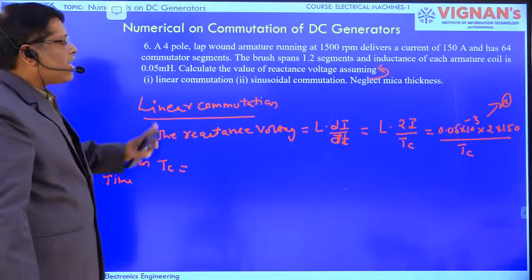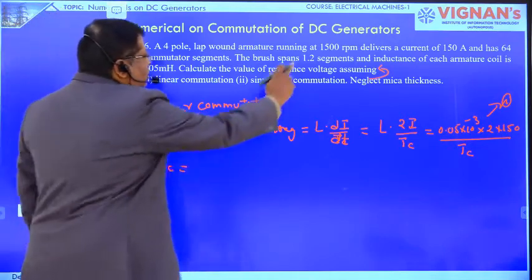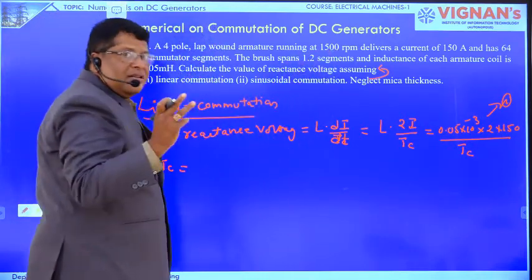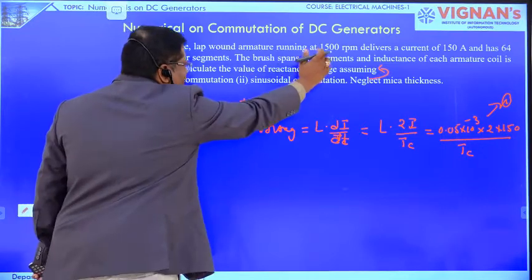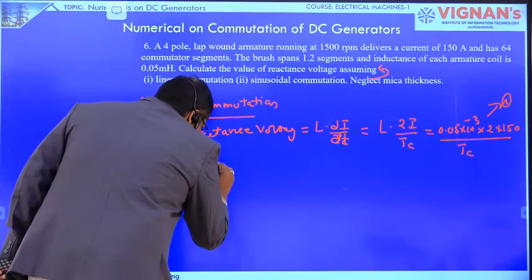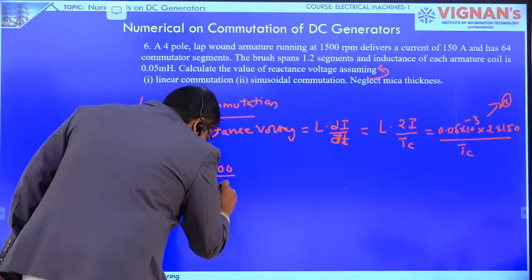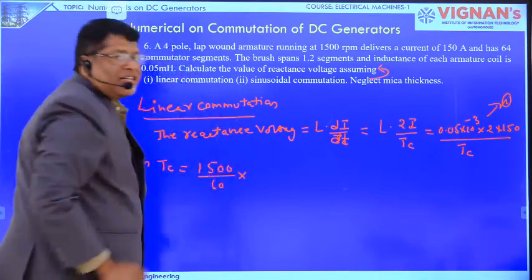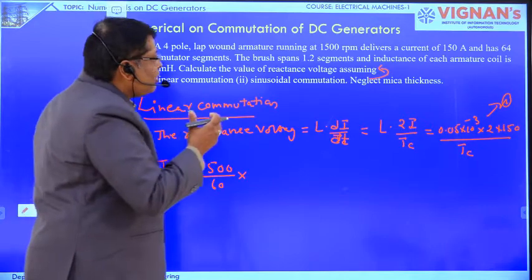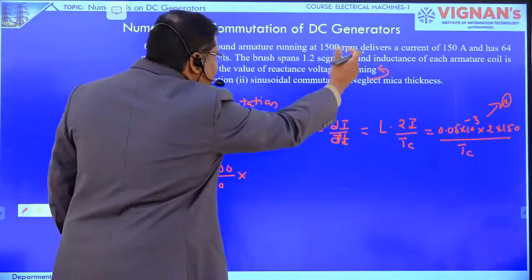The commutation time is based on the number of revolutions per second, which is 1500 divided by 60. This many revolutions are completed. In one revolution, how many segments are there? 64 segments.